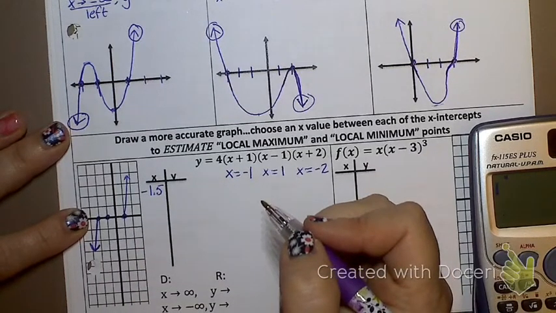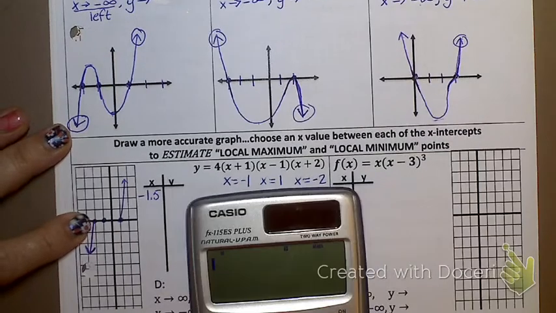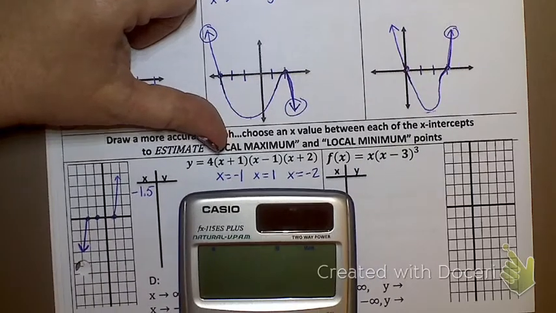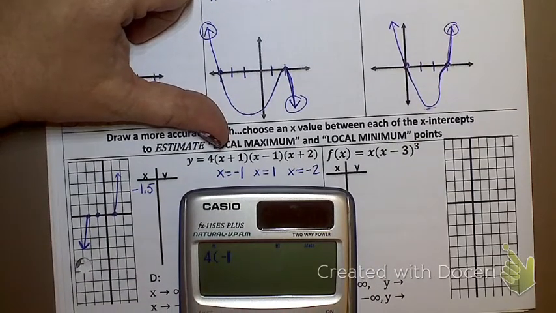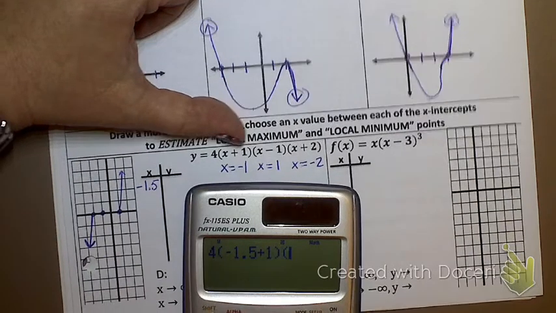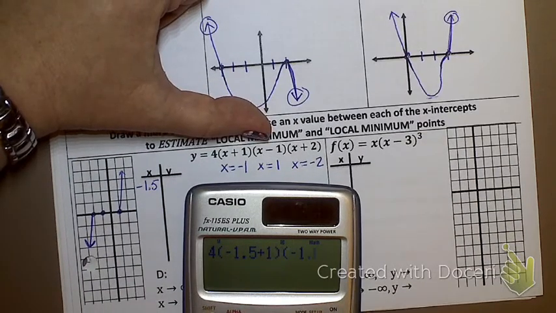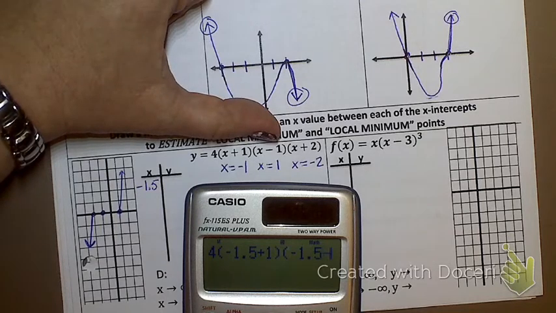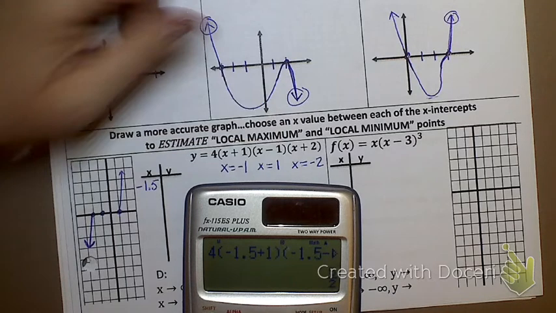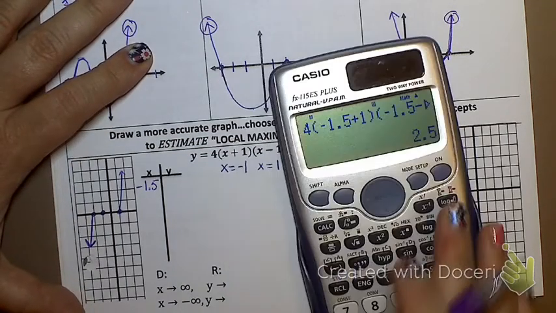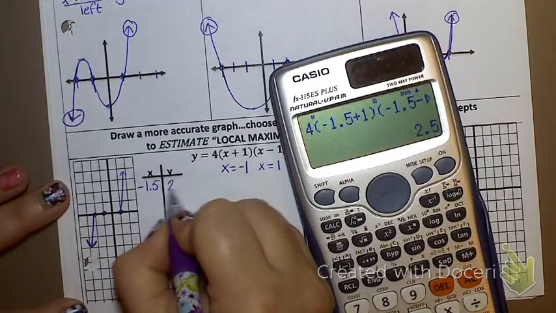If I plug in -1.5, I'm going to plug this one in the old school way where I just plug it straight in. 4 times -1.5 plus 1 times -1.5 minus 1 times -1.5 plus 2. I get 5/2, which ends up being 2.5.